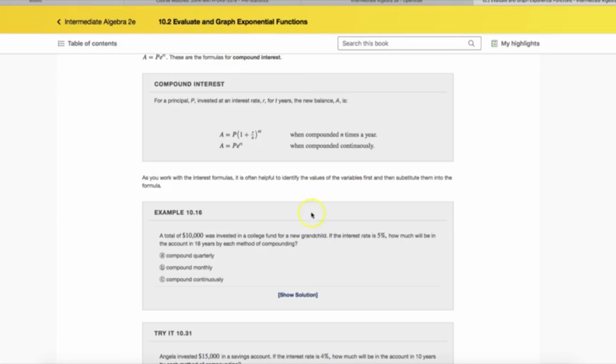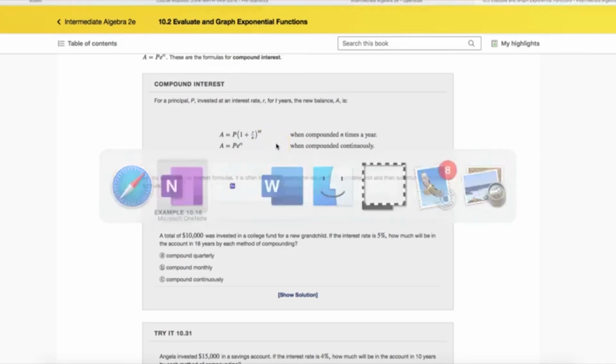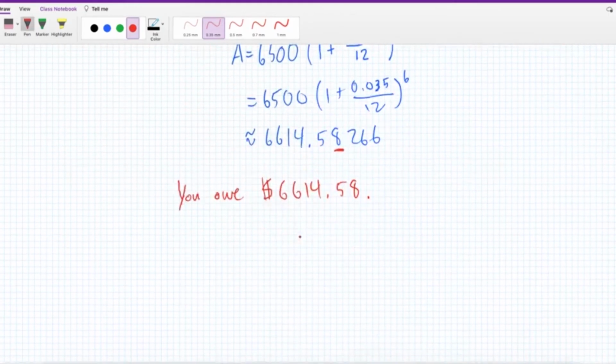But the point is if n, the number of compoundings, gets bigger and bigger and bigger, and in fact you say, what happens if I essentially approach infinity, then what you end up with is a function with the natural base. Okay, and so that's what we call continuously compounded interest.